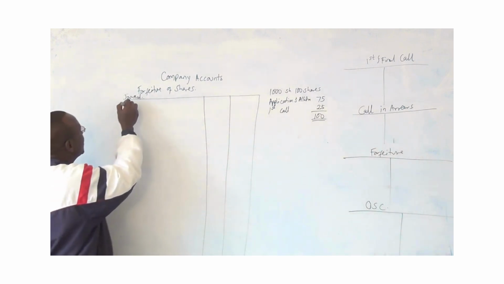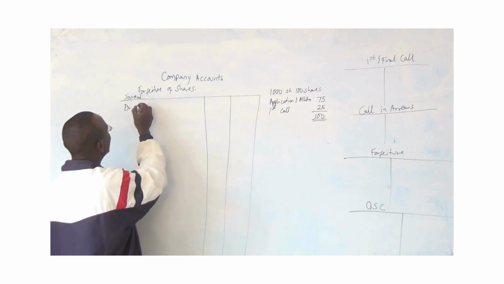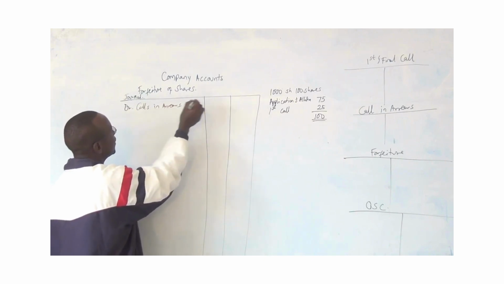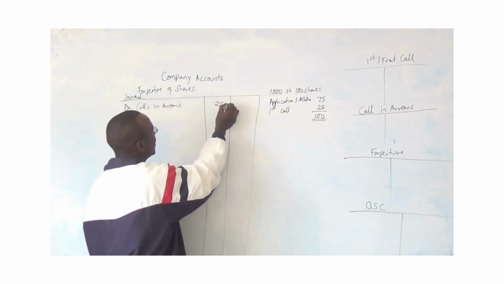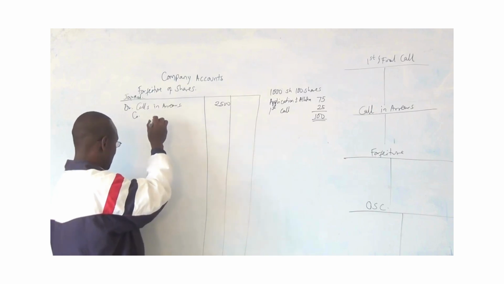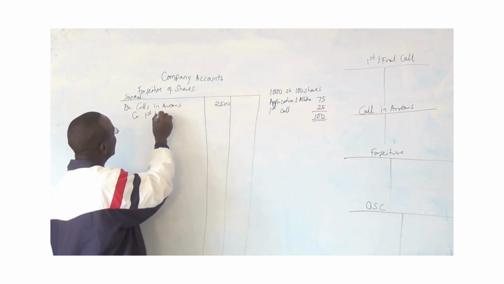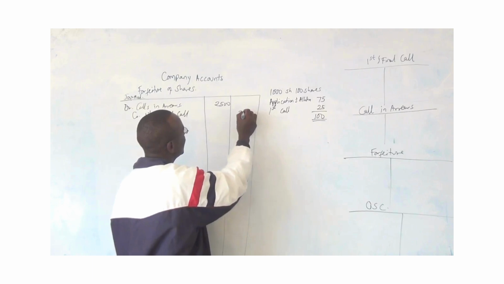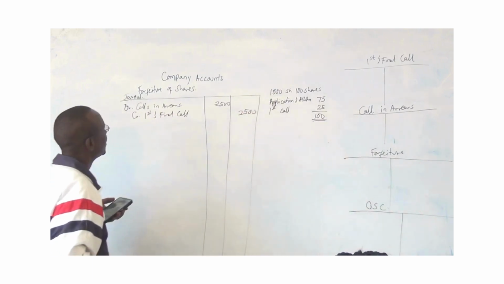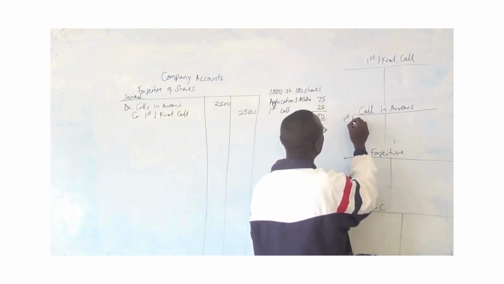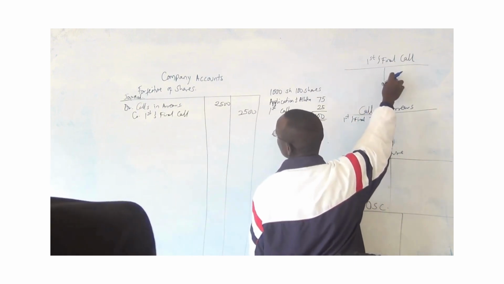So, debit calls in arrears $2,500, and credit first and final call, $2,500. So in the ledgers, the calls in arrears account.